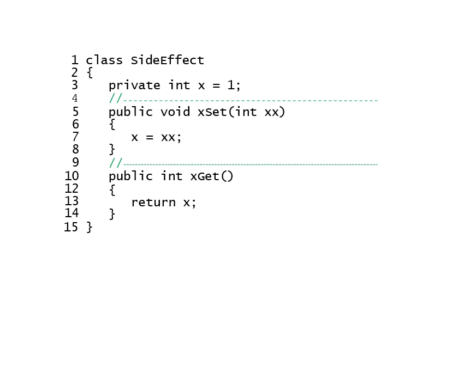So you cannot access X directly. You have to go through either xset or xget. By the way, xset, because it changes an instance variable, is sometimes referred to as a mutator method. Mutate means change. So a mutator method is something that changes the instance data, the instance variables.